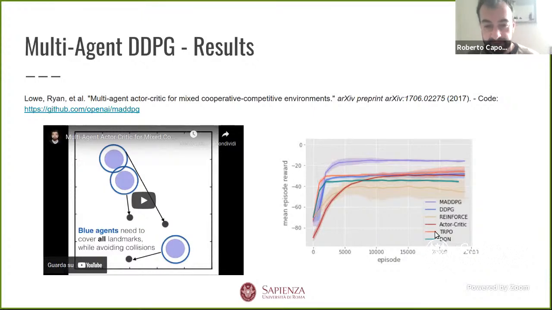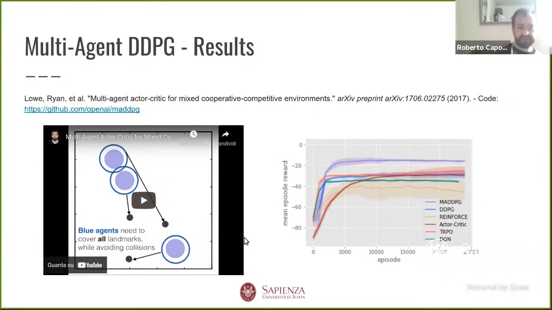And as you can see, not only is the multi-agent DDPG capable of achieving a higher performance, so the mean episode reward is higher, but also it goes up quite more quickly compared to many of these algorithms. Now let's watch this video and see what are the performances that they get.